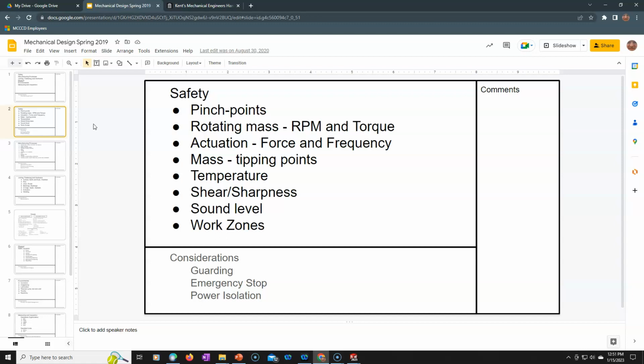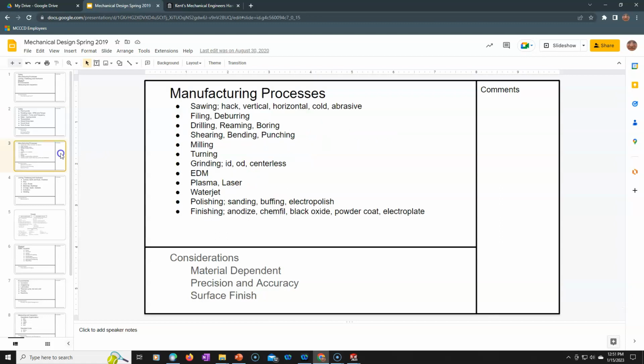So the considerations are guarding, e-stops, being able to isolate power, meaning in certain cases, hydraulics, electrical, pneumatic, sometimes even water. I mean, anything that is generating those forces has to be able to isolate and safely shut down the machine.